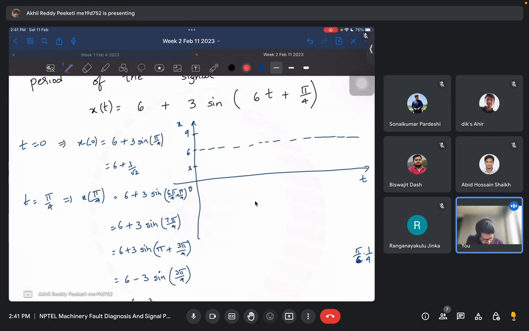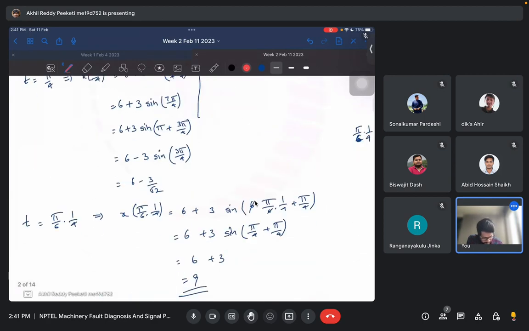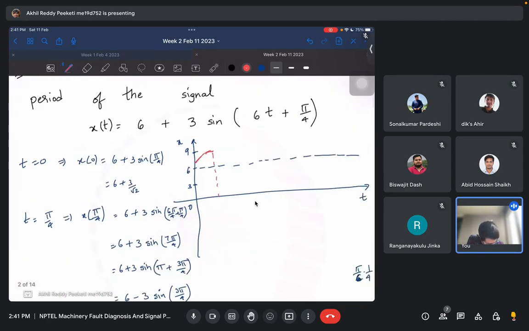And initially it is 6. So it is starting somewhere above 6. And at pi by 24, it would reach 9 here in this case.